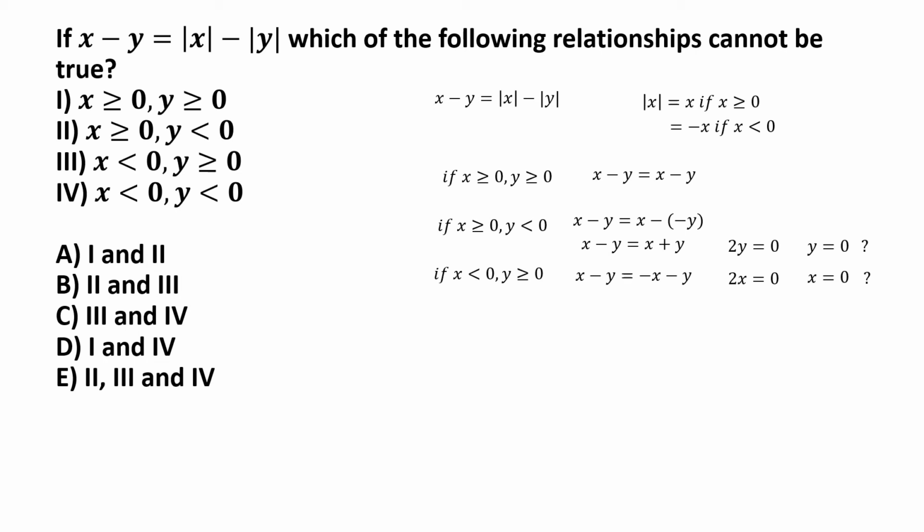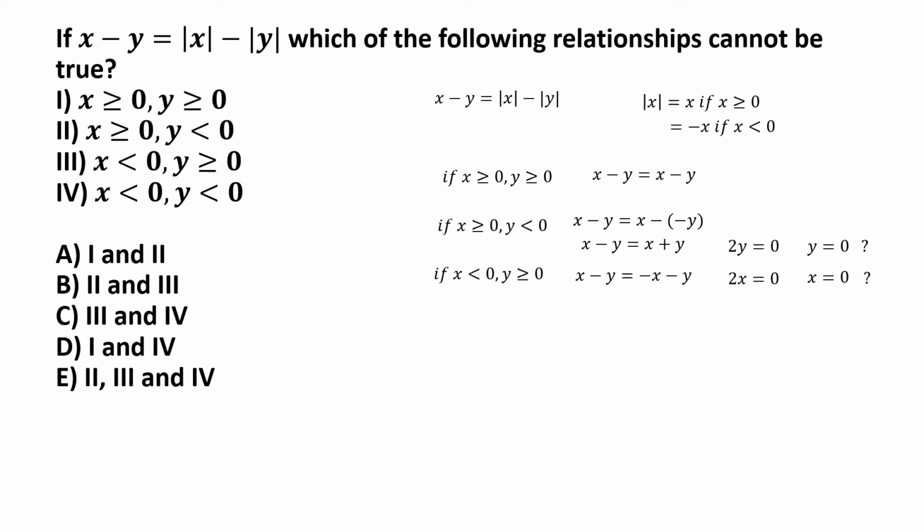So far we have found that the options given in 2 and 3 don't work out as potential domains for x and y. What about option 4? Because we have to select the appropriate combination of domains that cannot be true from A through E. Of course, there's option B, which states domain 2 and 3.